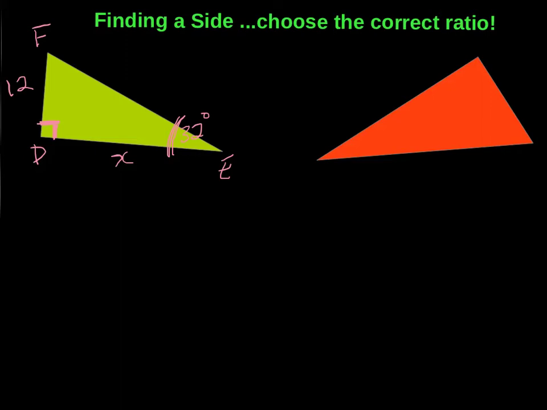Well, this is the angle we care about. This is the side opposite to that angle, so label it as opposite. And then this side right here we want to figure out, so label that as well. That's your adjacent side. So we've got opposite and adjacent. Which trig ratio are we going to use?